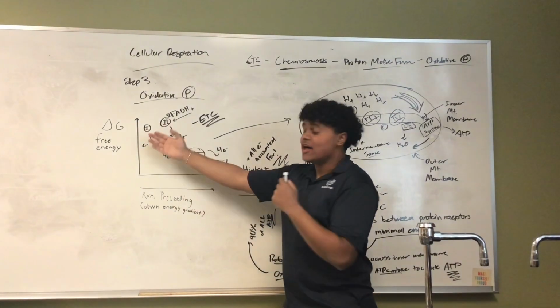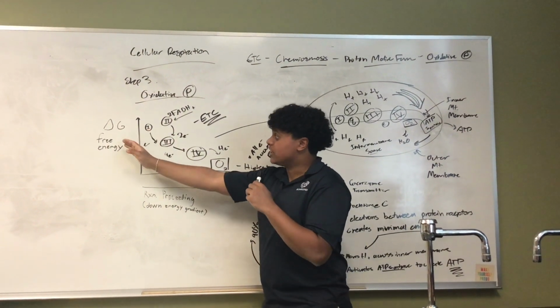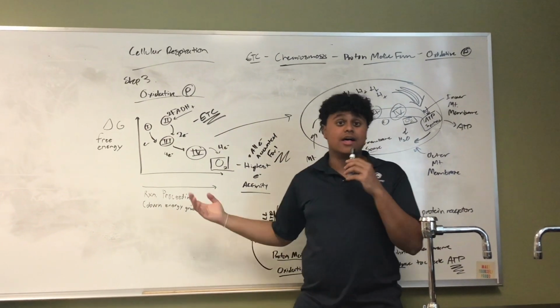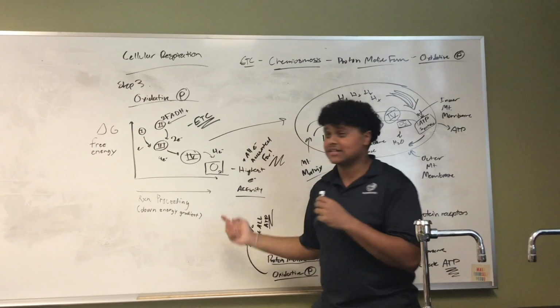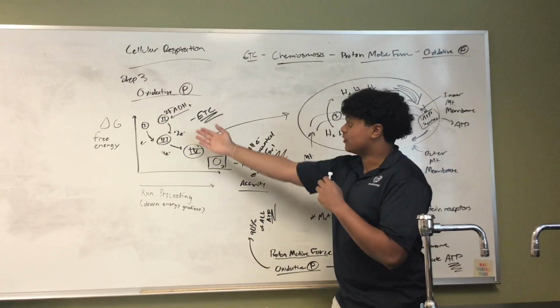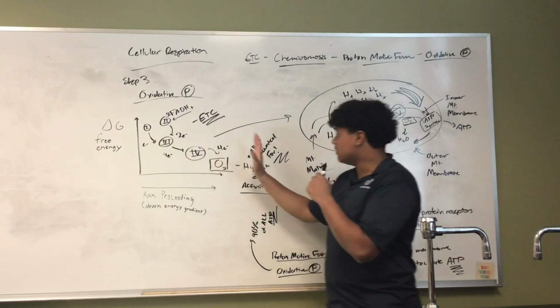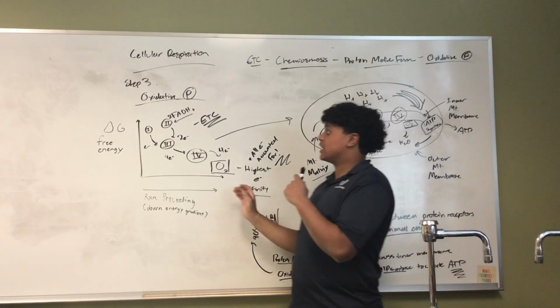As we can see here, we have the change in Gibbs free energy on the y-axis and the reaction proceeding as time moves on the x-axis. From the graph, we can see a lower affinity on the left and a higher affinity on the right for electrons.